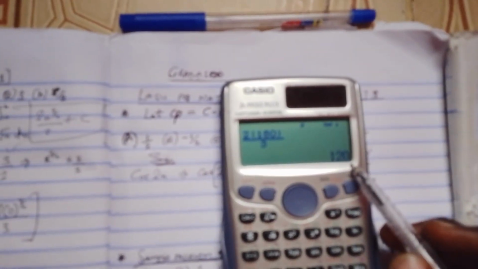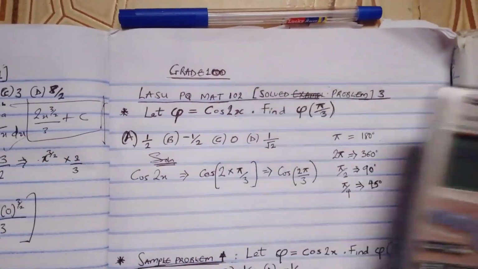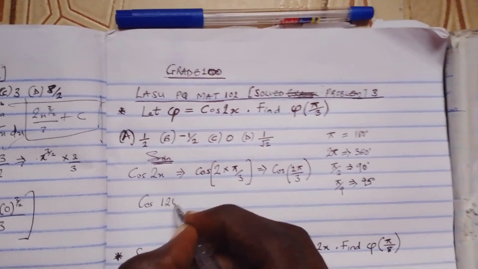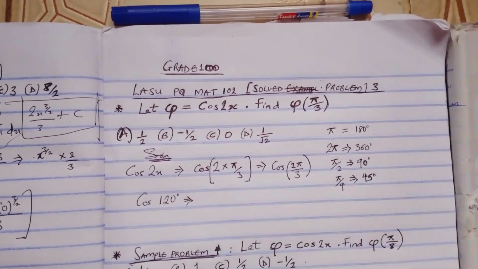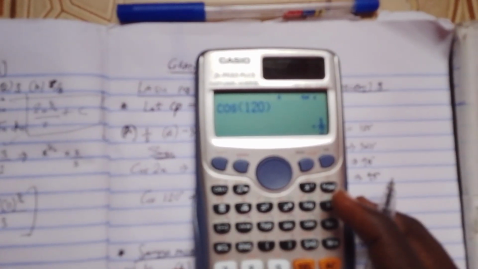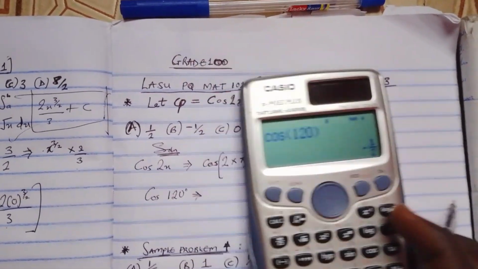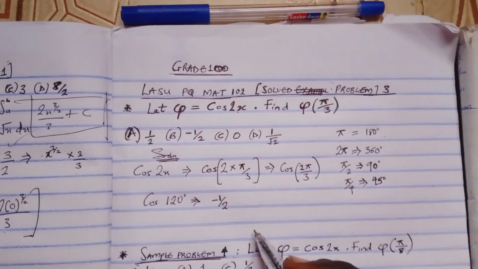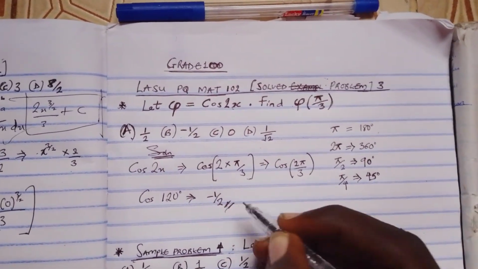You'll be having 120 there. So in place of this value here, you just say cos 120 degree, and if you punch cos 120 degree, you'll be having minus 1 over 2 as the final answer.